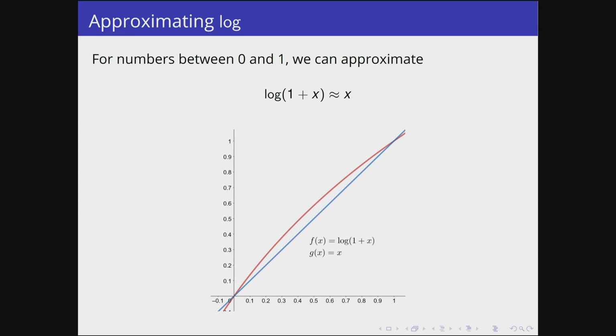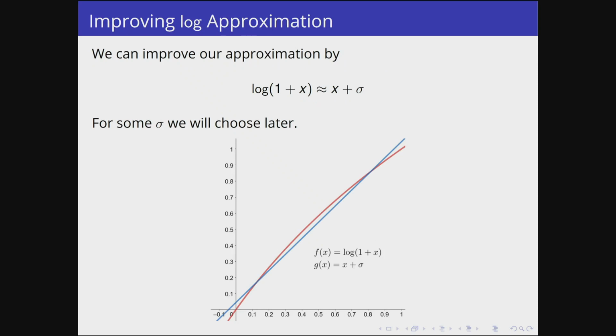But in the middle, it is not the best approximation that we can get. So we want to make our approximation a bit better. So we want to add a little sigma that we are going to find later. And this way we can get a much better approximation of the logarithm of 1 plus x.